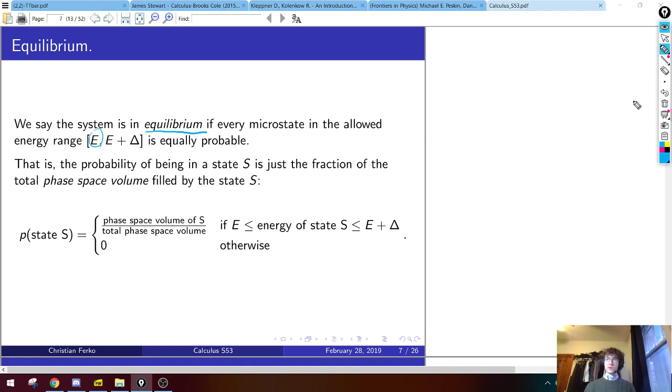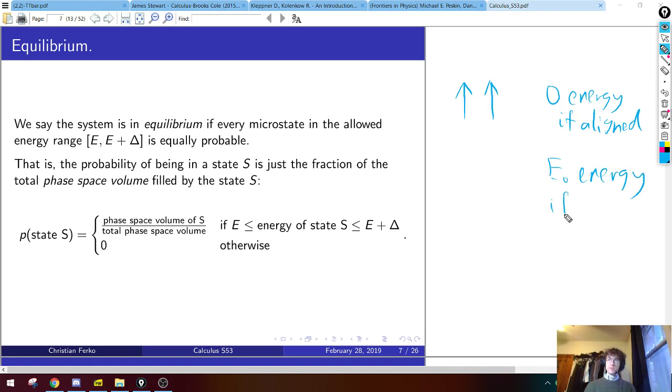They're all equally probable. So as a simple example, just suppose we have a simple system that has maybe 2 spins. So I'll represent spins by arrows or something. So if our system has 2 spins, and it costs 0 energy for the spins to be aligned, this is a very common model, the Ising model in physics, and it costs energy E0, so it costs a higher energy if they are misaligned.